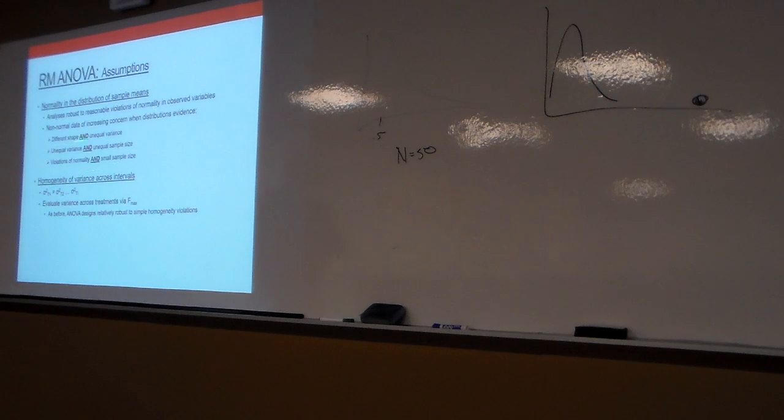Okay. So normality in our distribution of sample means, number 1, but we've talked about that before. And then 2, homogeneity of variance across intervals. I think I had treatments on the slides, change that over to intervals just to make that clear. But essentially, we're assuming that variability at time 1 is reasonably similar to variability at time 2, is reasonably similar to variability at time 3, so on and so forth.